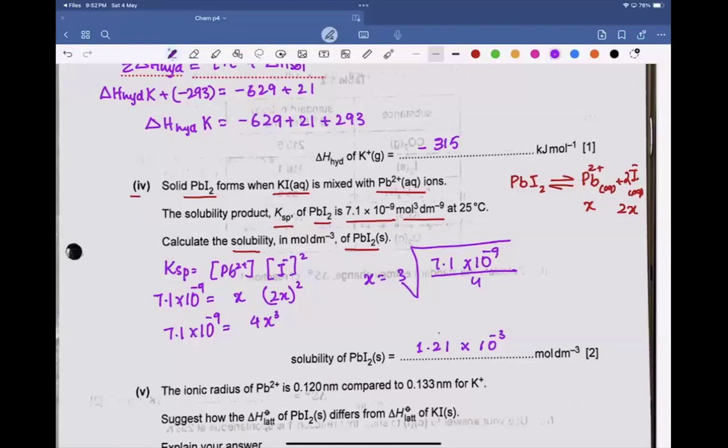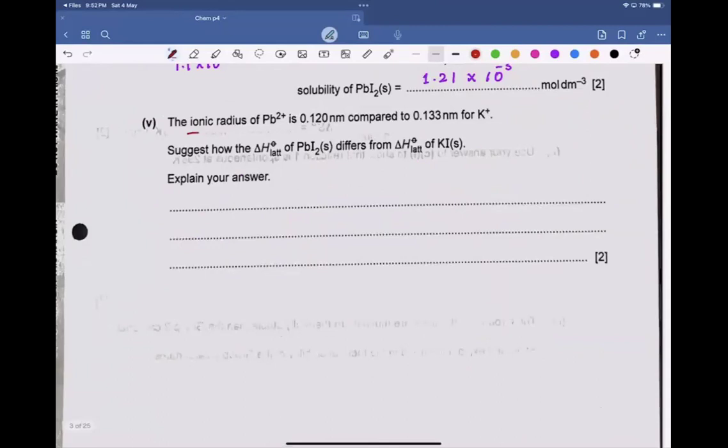Okay. Now part 5. The ionic radius of lead is 0.012 nanometer compared to 0.13 nanometer of potassium. Suggest how the lattice energy of lead iodide differs from the lattice energy of potassium iodide. So if you see that the lead has a smaller radius and a bigger charge, right? Smaller radius and bigger charge.